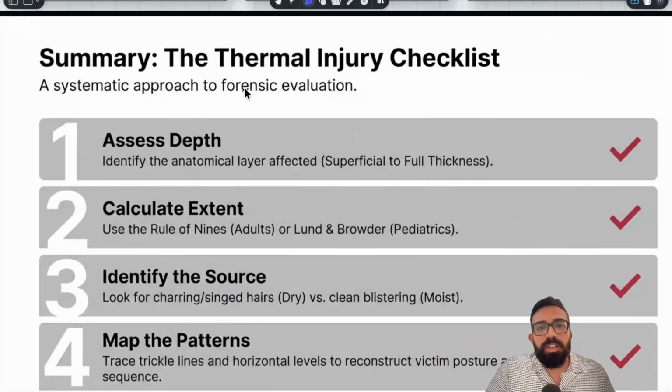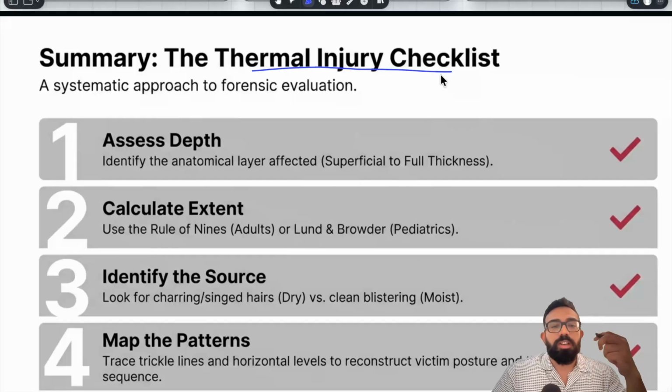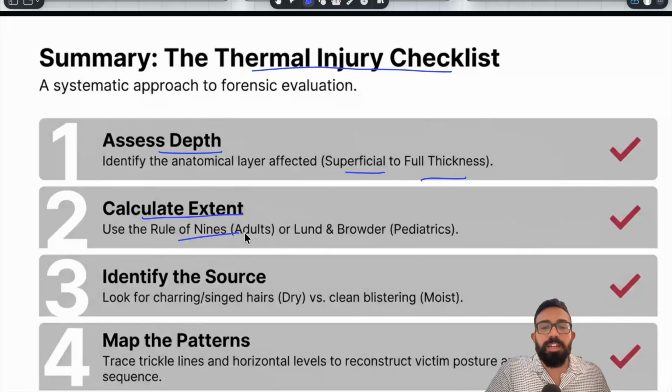What is the thermal injury checklist? There is a systematic approach to how you approach the burn. First, you assess the depth: whether burns are superficial or full thickness, and whether they involve the muscle or not. Then you assess the extent: apply the rule of 9 and calculate the TBSA.